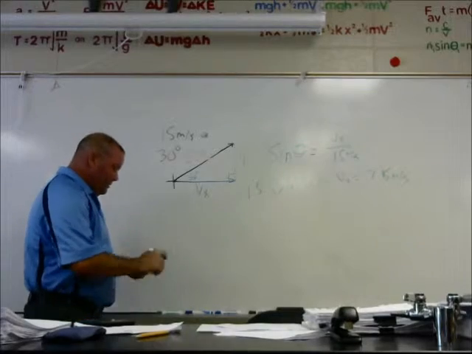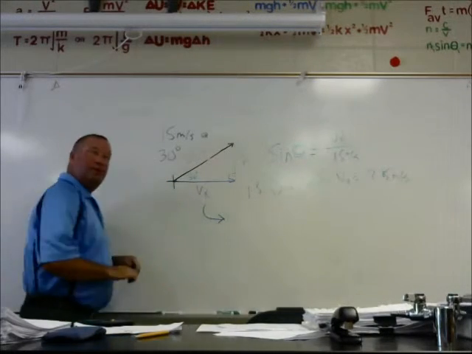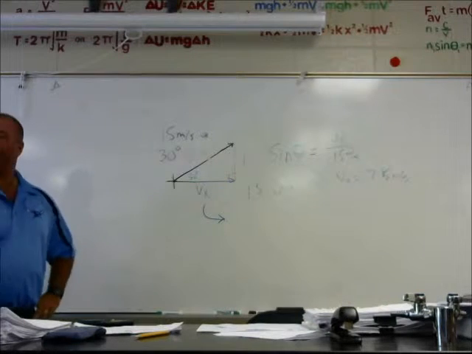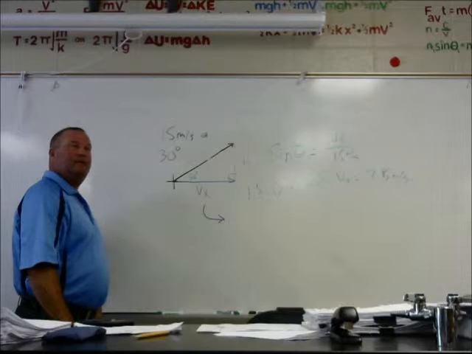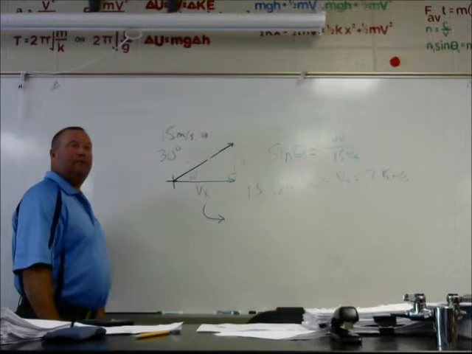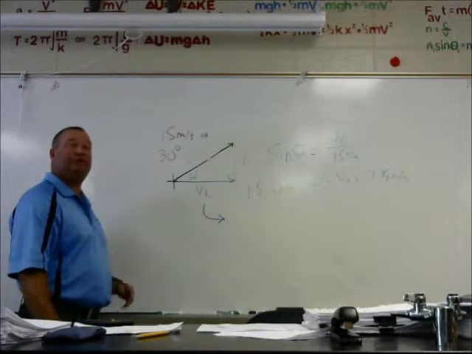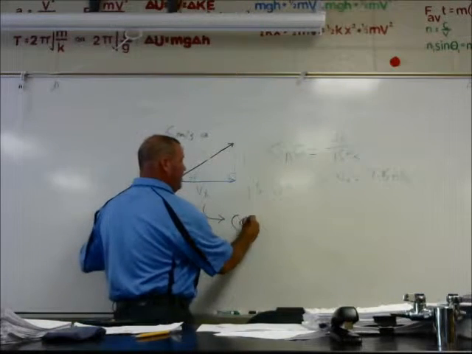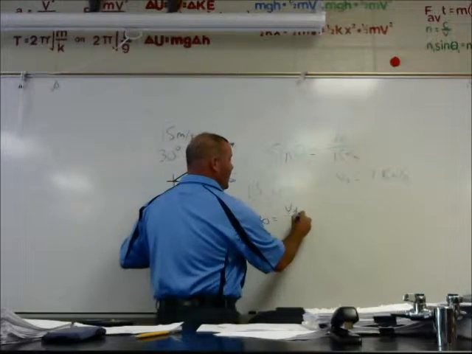Then what about the component in the x direction? You could use Pythagorean theorem, but it'd be using something you measured or calculated, right? Is that necessarily the best choice? No. But I could use cosine, right? Cosine of 30 should be equal to my x component over 15.